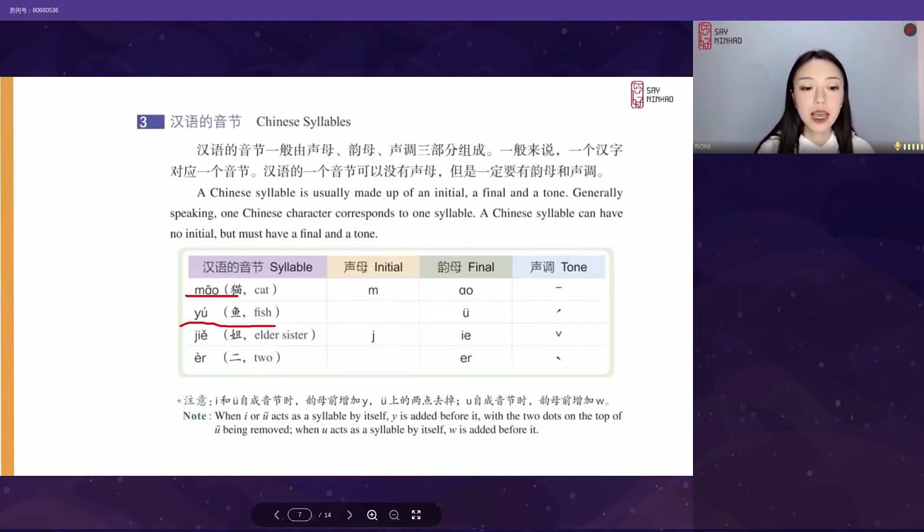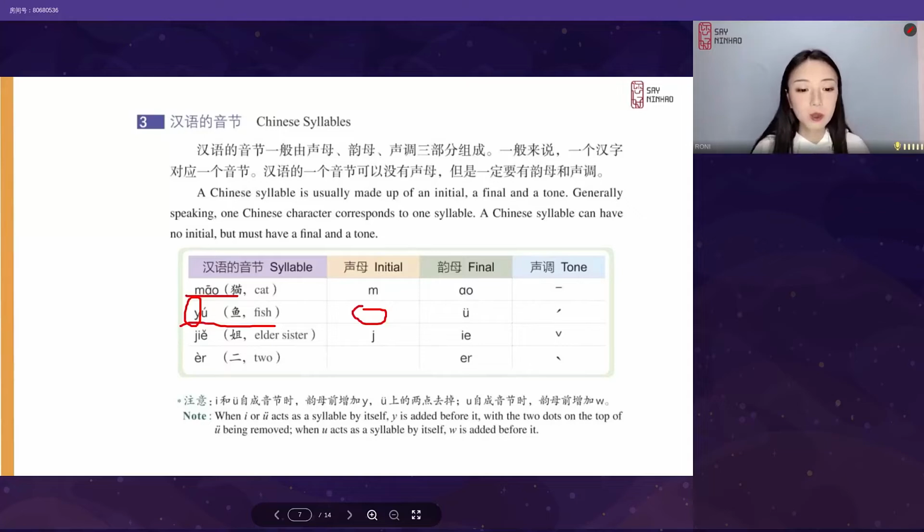We can see the initial part is empty here, which means it doesn't have an initial. But some students might be a little bit confused because here is an initial for it, which is Y in English, and it is pronounced as E in Chinese. So let's see the note here.